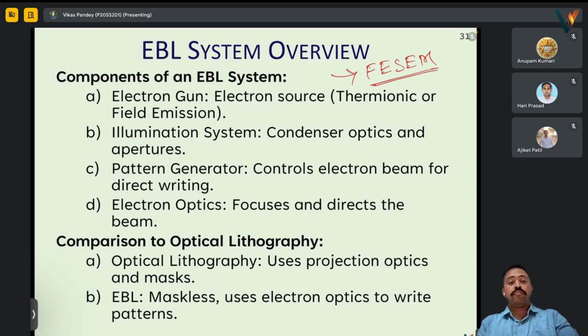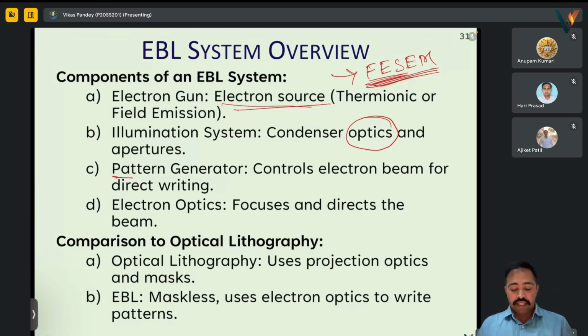So it has an electron gun, that is an electron source, and the illumination system, that is to condense this whole electron beam to some spot size. It is not physical optics, it is actually field optics, so it is controlled using electric field.